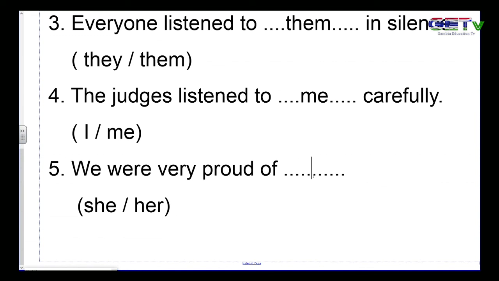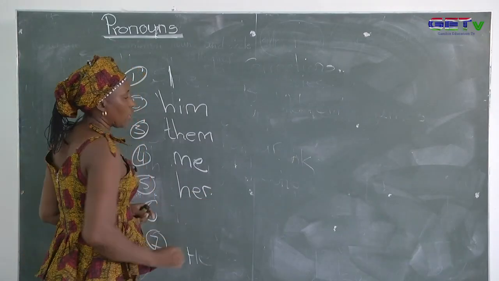She, her. What is the correct pronoun to fill in that blank space? We were very proud of Das. What did we choose? Her. We were very proud of her.